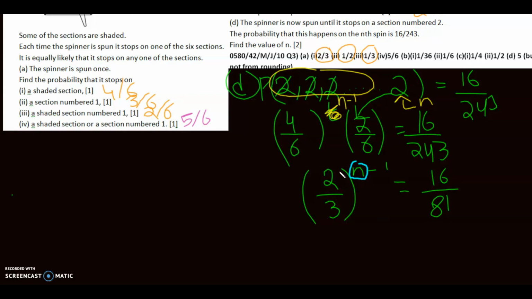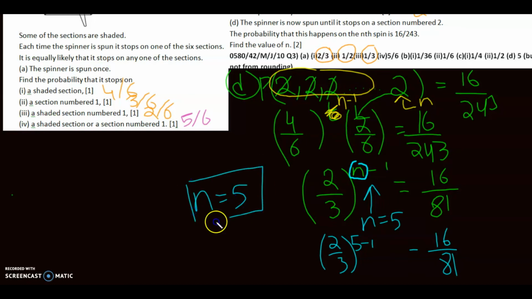Try 3, 4 and 5, and you'll notice when you enter n equals 5 in your calculator and enter 2 upon 3 power 4, you'll get 16 upon 81, which means the value of n is 5. So that's how you'll get the value of n by hit and trial.